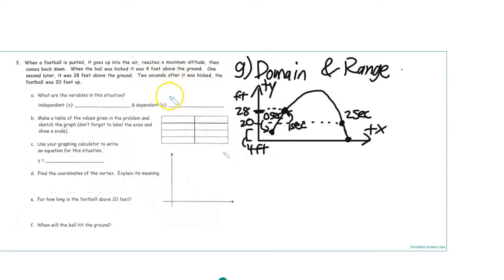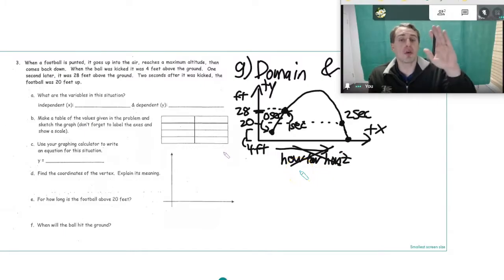Okay? Now, by the way, we want the variables in this situation. They don't give us any information about how far it goes this way. So how far horizontally is not known. We don't know if this ball goes more or less straight up or if it goes very horizontally.